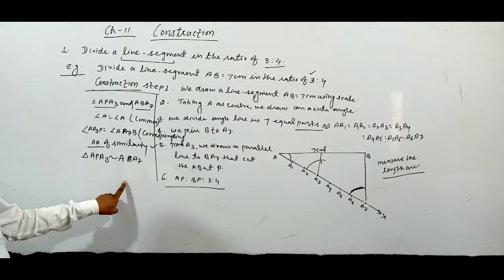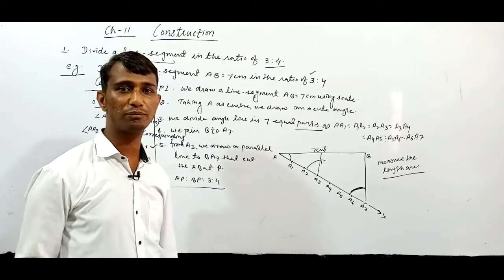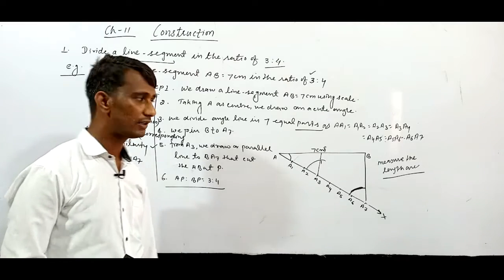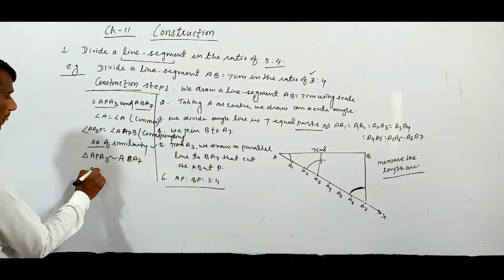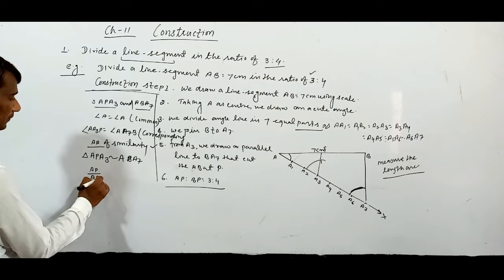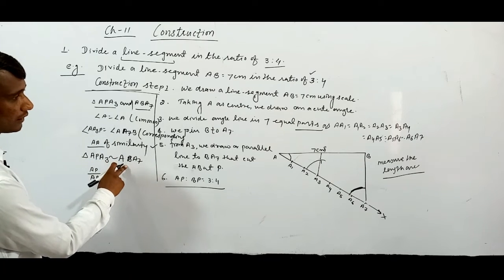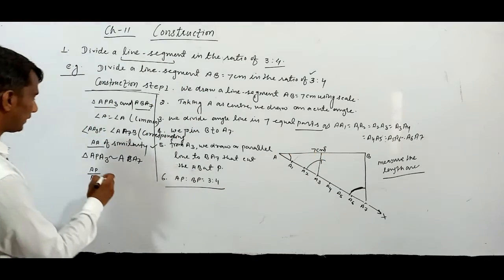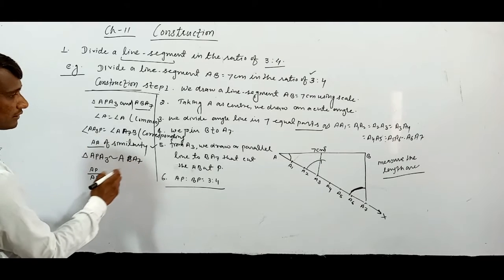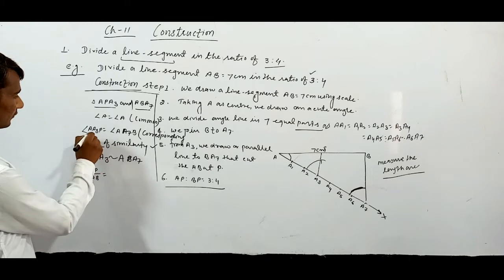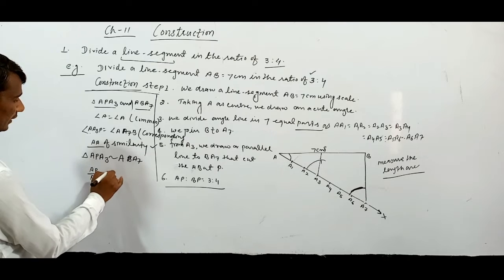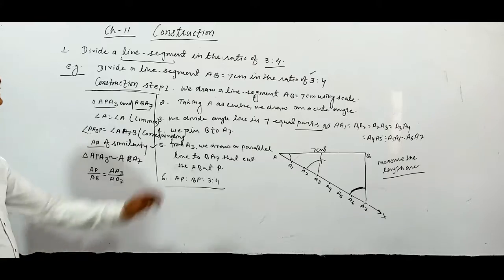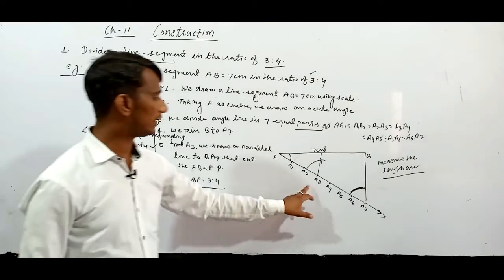If two triangles are similar, then using the basic proportionality theorem, we can say the ratio of sides is also equal. Ratio of sides means AP upon AB, AP upon AB equal to the next side, A3 upon A7. So AA3 and AA7.